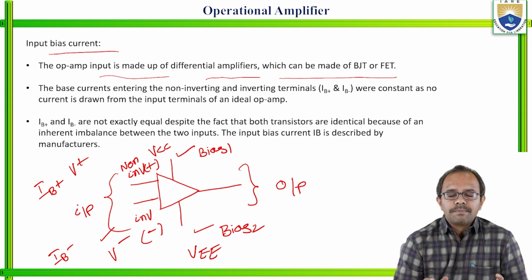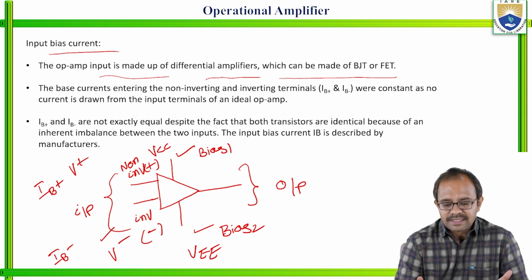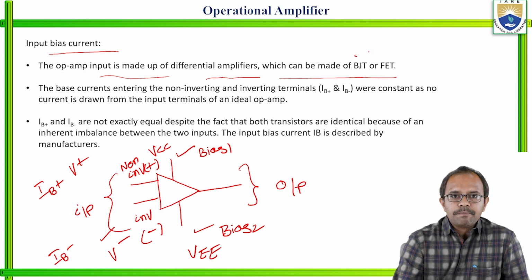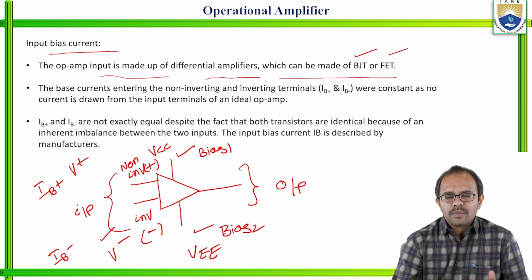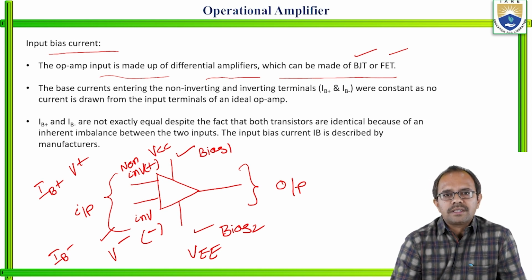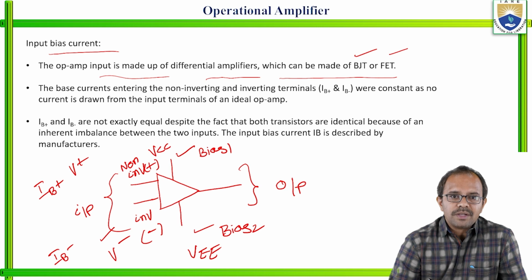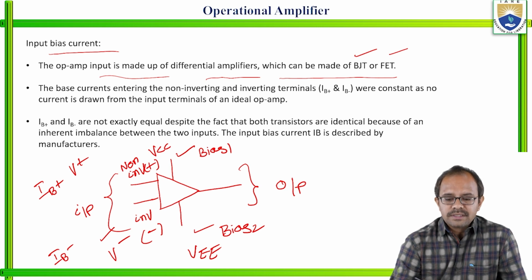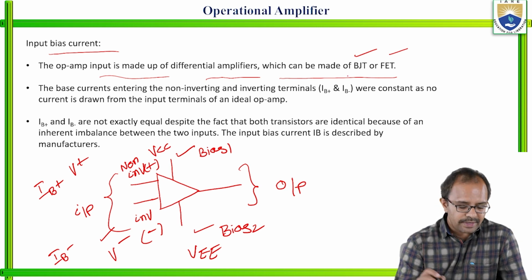It is made up of differential amplifiers, and these amplifiers are designed by using either BJT or FET transistors. So it requires two transistors, not a single transistor. If you remember your basic common emitter, common base or common collector, we can design the circuit using one transistor. Whereas for a differential amplifier, we need two transistors. These two may be BJT or FET.